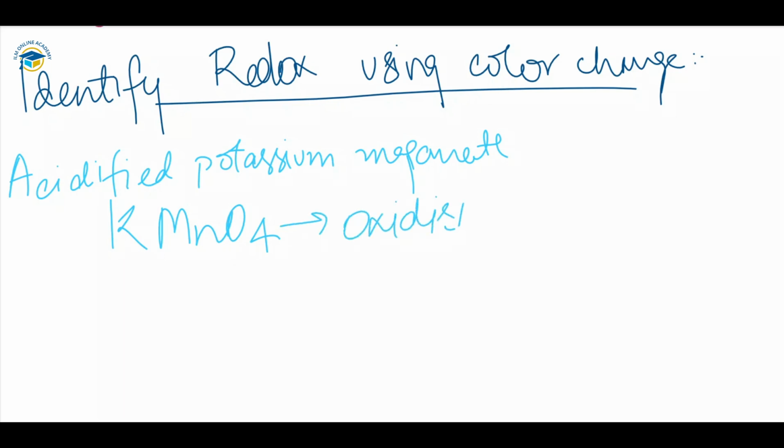That means it oxidizes others and reduces itself. It helps to oxidize others. So acidified potassium manganate KMnO4 as an oxidizing agent is used to test for the presence of a reducing agent.